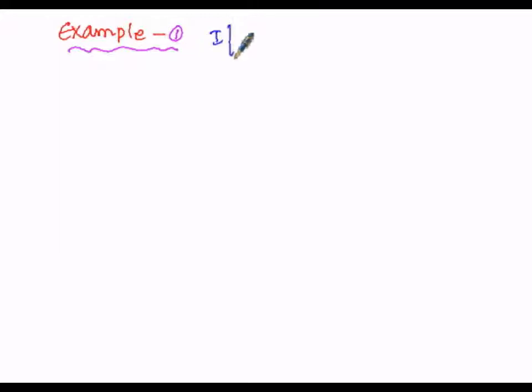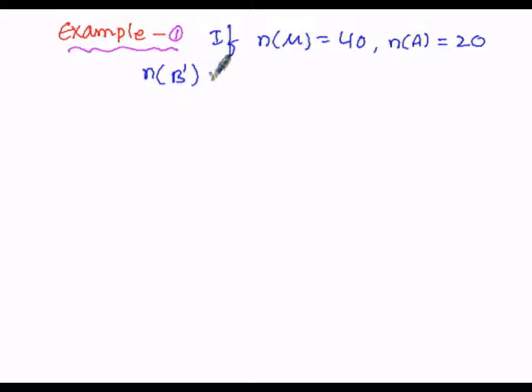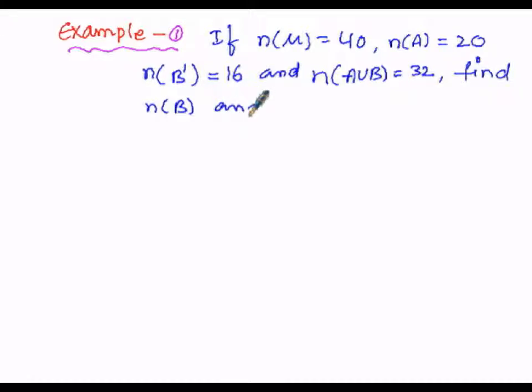If N of mu, the number of elements in the universal set, is 40, and N of A is 20, and N of B dash is 16, and N of A union B is 32, then we have to find out N of B and as well as N of A intersection B.